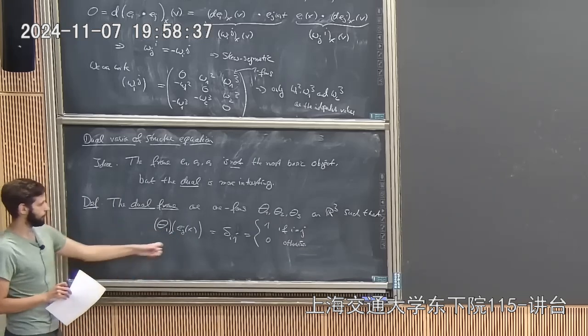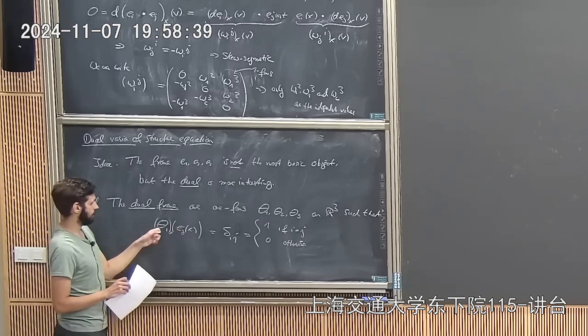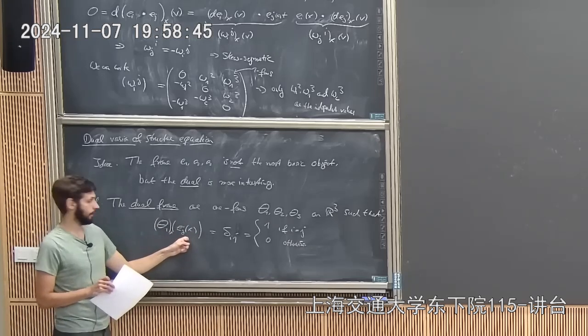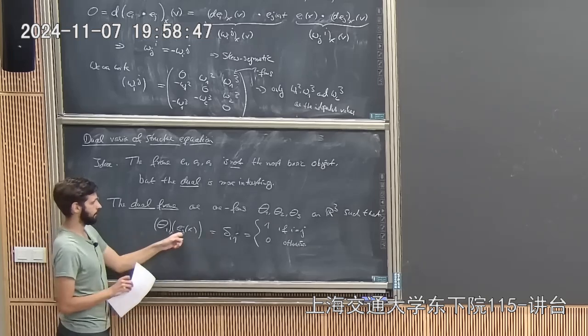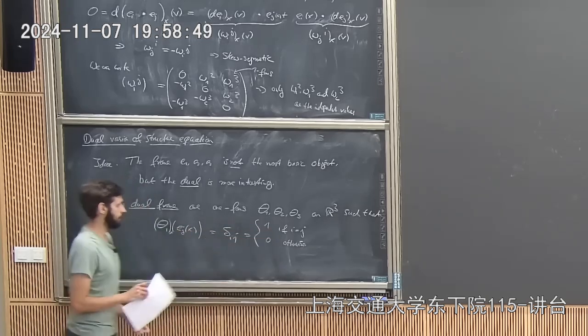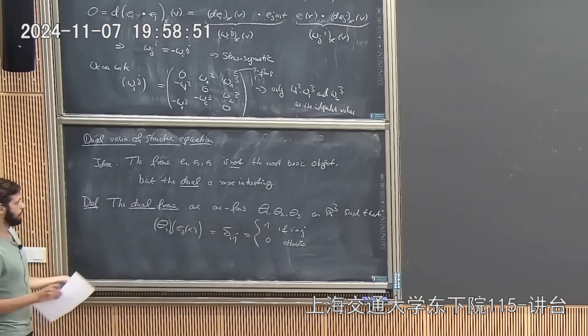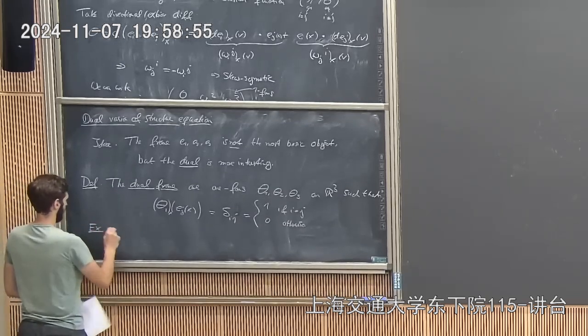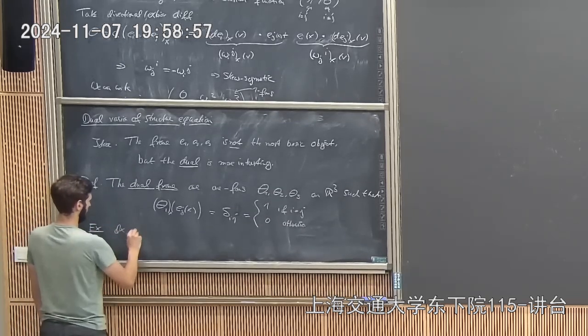And it's enough, of course, to define these thetas on the basis, because these ones are a basis, so by linearity, it's enough to tell what they are on the basis. So the example would be one that we already saw.